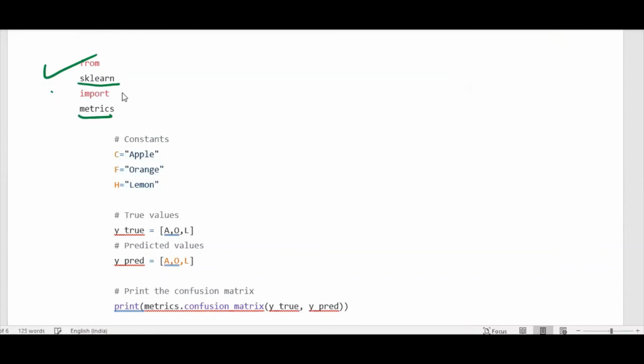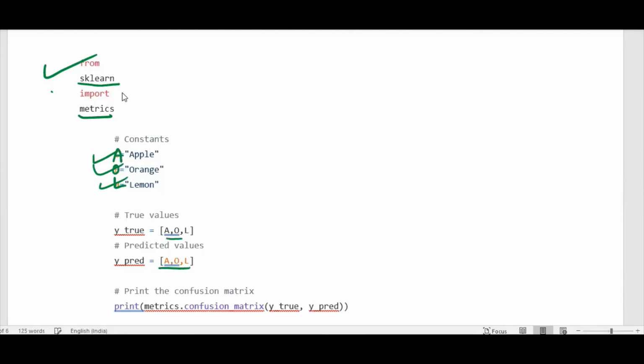Metrics is what you need; this is constant. Again, no intelligence. If you are learning Python, you know it. So when we do the implementation, we'll use this, from sklearn import metrics, that you need to write. Then this is one line. C for apple, whatever these things you can write, A, O, L. These are something you need to write, that's all.